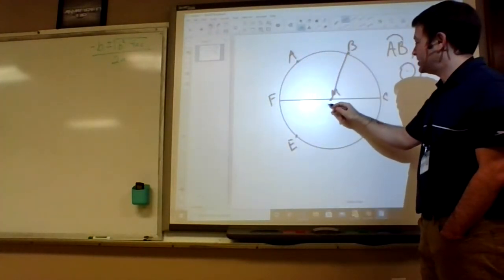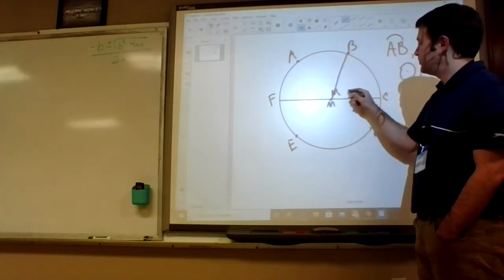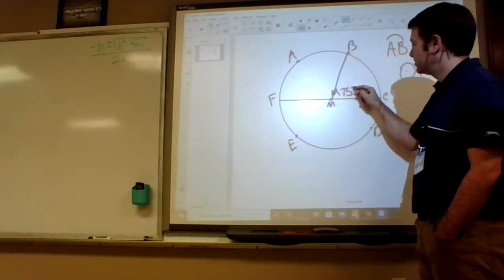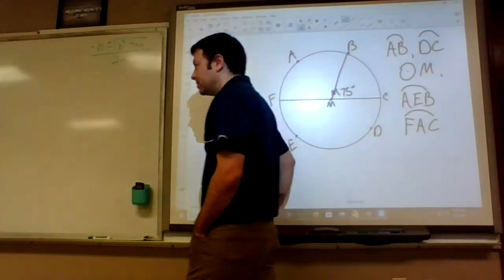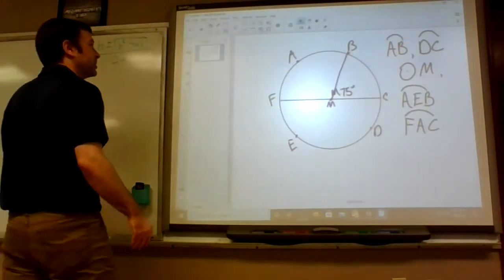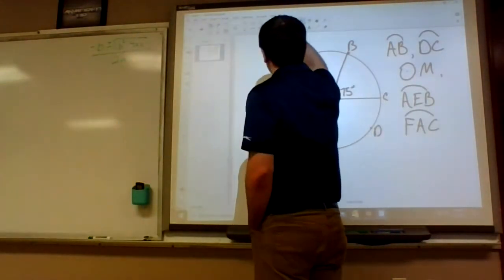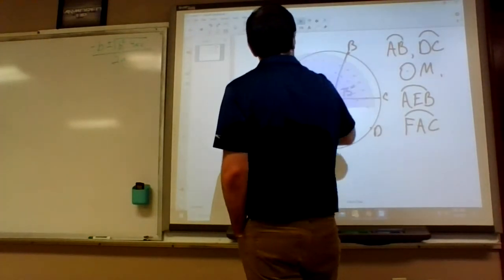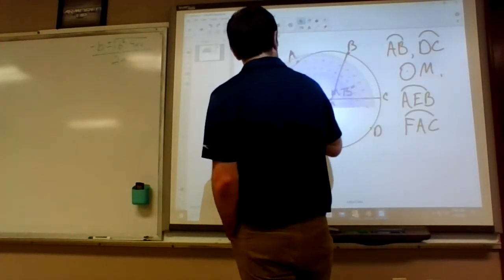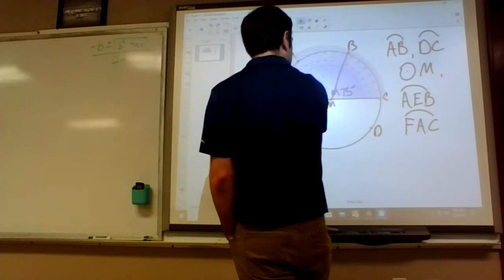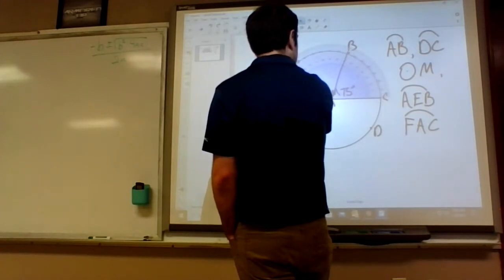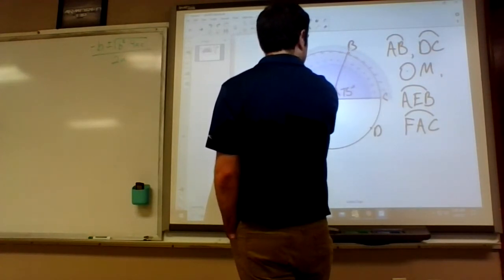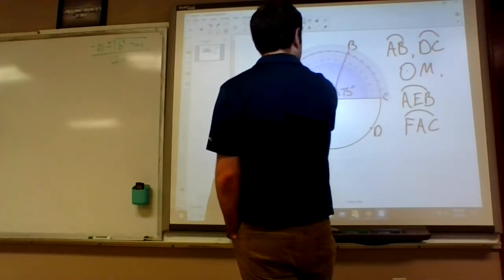Okay, what would you guess this angle right here is? BMC. 75, 80. Probably 80. I can check. Oh, actually, I might have one on here. Let's get the toys out. 70, I was wrong.